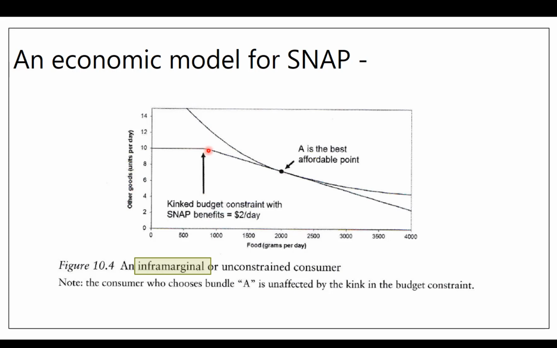Well, if you didn't get the benefit, this is the maximum amount of other goods you can buy. And if you didn't get the SNAP benefit, this kink right here in the budget would move over here, and the income line would be parallel but down here, okay?